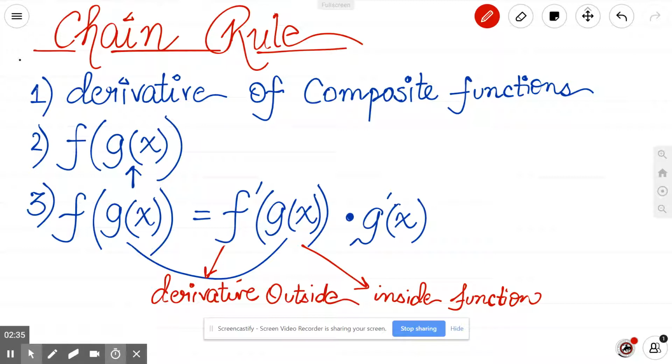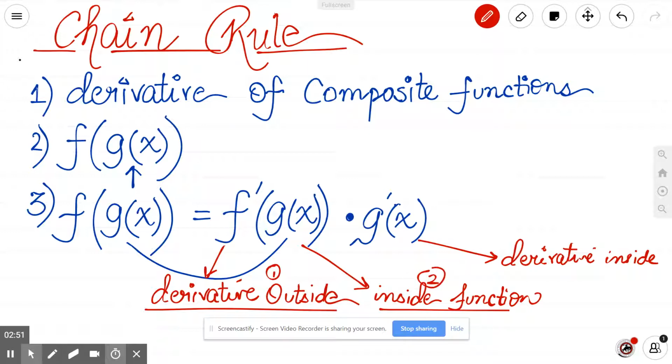And then your last piece is going to be the derivative of your inside function. So that's pretty much it. You can say there are three pieces of your formula: 1, 2, and 3. So hopefully the formula made some sense to you, and I promise with an example it should be crystal clear.